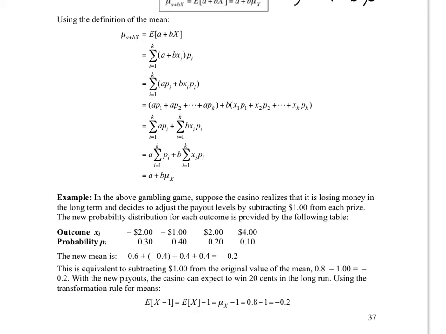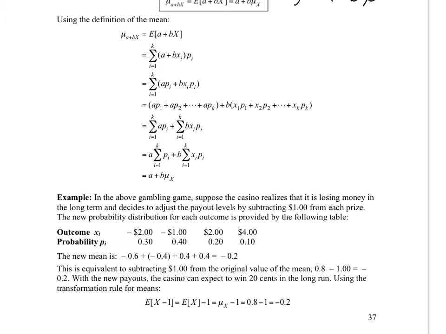A simpler, faster way to do that is to use the rule on top. The rule says that if I want the mean of a linear transformation, so in this case the random variable x, every one of the possible values was subtracted by 1, then the new mean for the new variable would be a matter of just subtracting 1 from the mean as well.